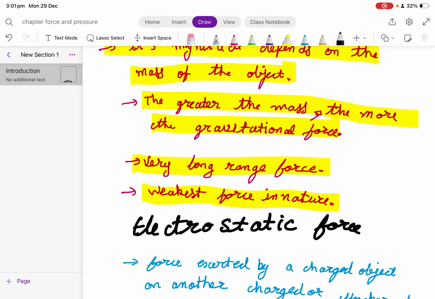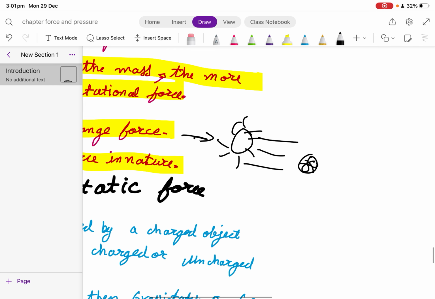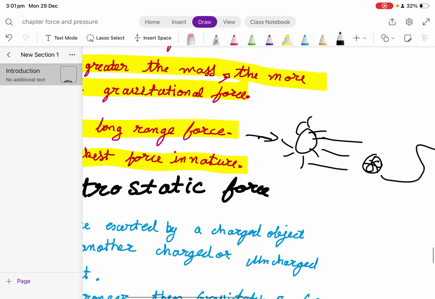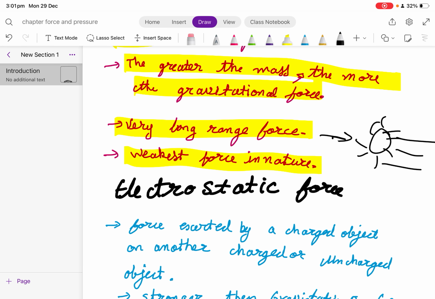Very long range, like when the sun attracts the earth by gravitational force, otherwise the earth would go somewhere else and would not be able to see the sun if the sun's gravitational force were not there. And it's the weakest force in nature.